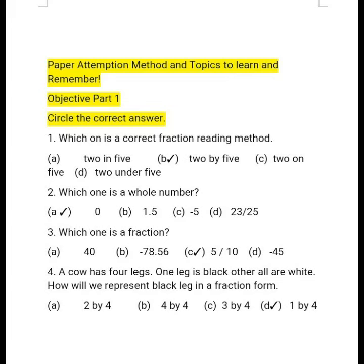1 by 4: 1 states that one leg is black, and 4 states that a cow has 4 legs as a whole. This is also our fraction definition: a part of a whole is called a fraction.